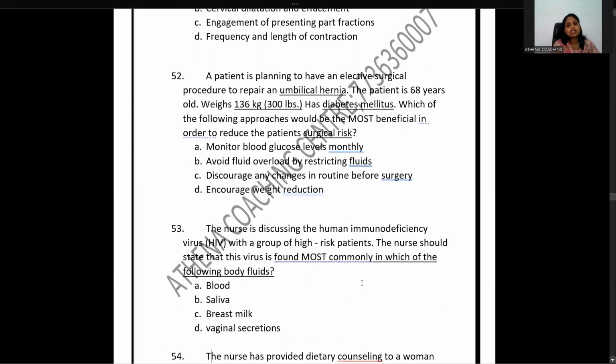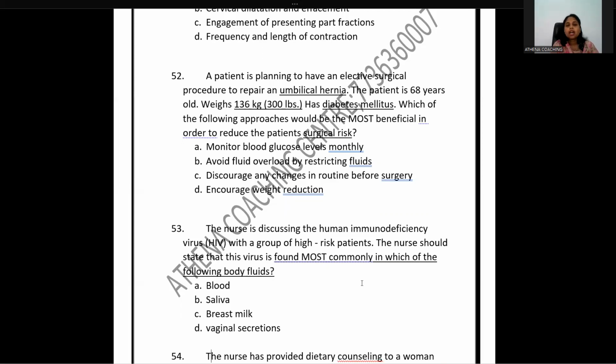The nurse is discussing the human immunodeficiency virus, which is HIV, with a group of high risk patients. The nurse should state that the virus is found most commonly in which of the following body fluids. Normally, HIV is a virus which is causing infection to the patient. Once the patient is infected with HIV, it reduces the immunity of the patient and it can cause AIDS, acquired immunodeficiency syndrome.